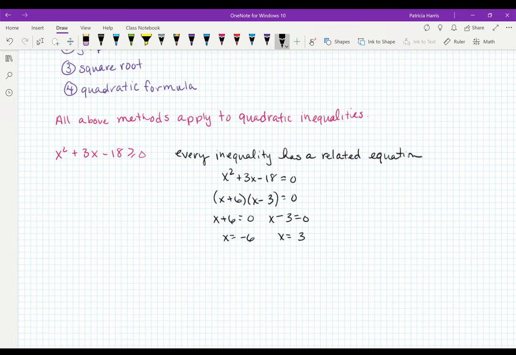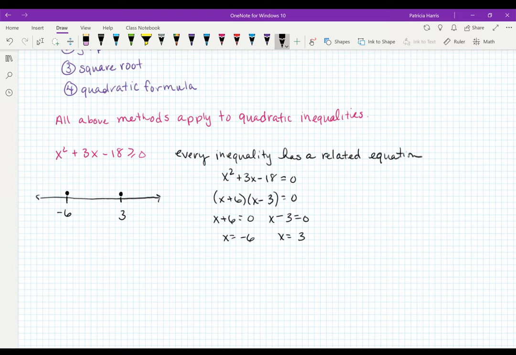Now the thing to remember is you are not solving an equation, you are solving an inequality. So we're going to put our solutions of -6 and +3 on a number line. -6 goes on your left, +3 goes on your right. I'm going to put closed dots on here because it's equal to.